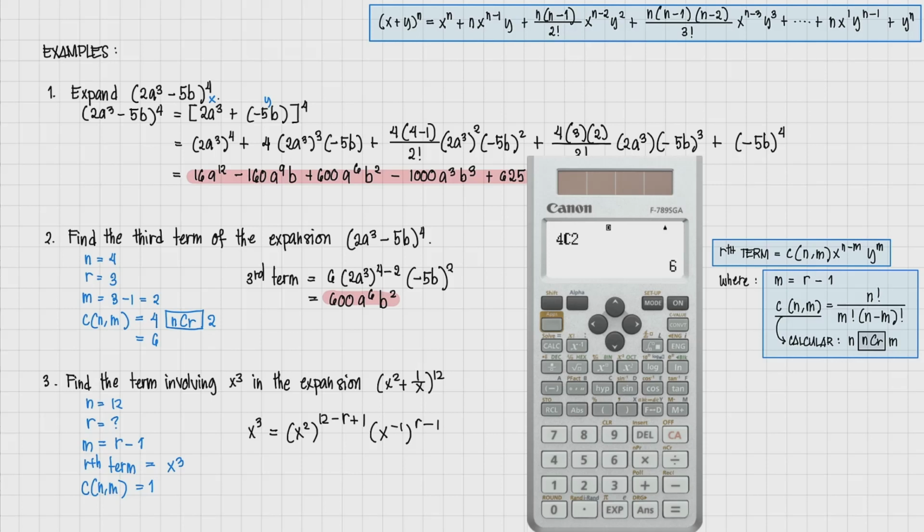So, from this, pwede natin, maybe we could further simplify this one. So, tama ba? Ang n natin minus m. Right. So, we have x raised to 3 is equals to x raised to 2 times 12 minus r plus 1 times x raised to negative r plus 1. Tama?